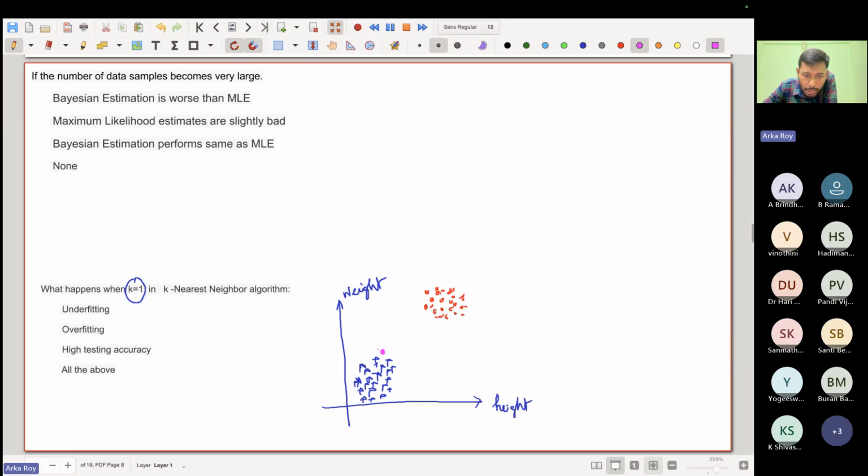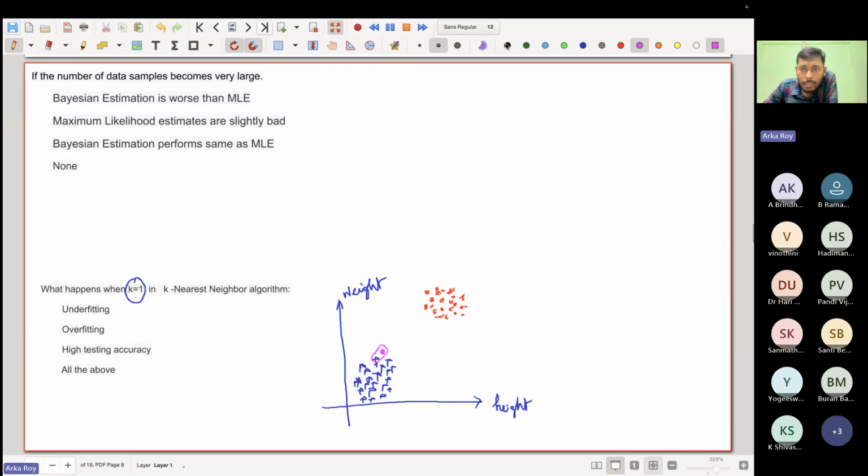You will just see that this particular sample has the lowest distance. So I will see what is the class of this particular blue point. So that is the cat class. So my pink point will also belong to the cat class. So you will be checking only the nearest neighbor, only the single neighbor that you will be considering.